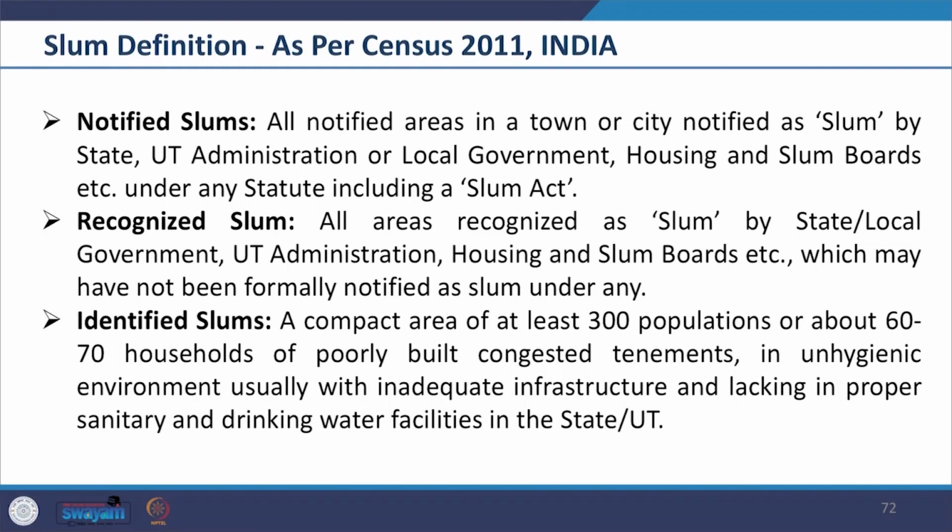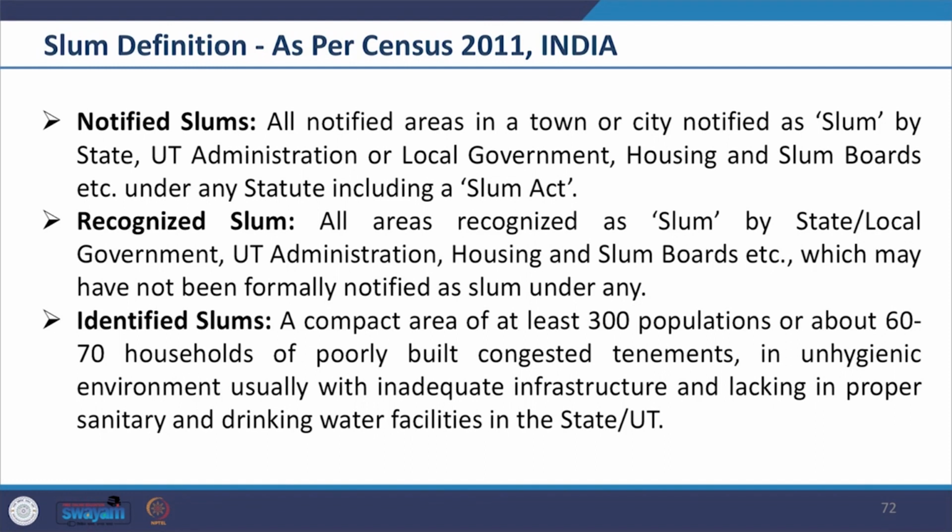So if it is notified, it would be considered as slum. Other is recognized slum. All areas recognized as slum by the state or the local government or Union Territory Administration, housing and slum boards and so on, which may not have been normally notified as slum under any statute. So if they are being recognized by them, it would also be considered as a recognized slum.